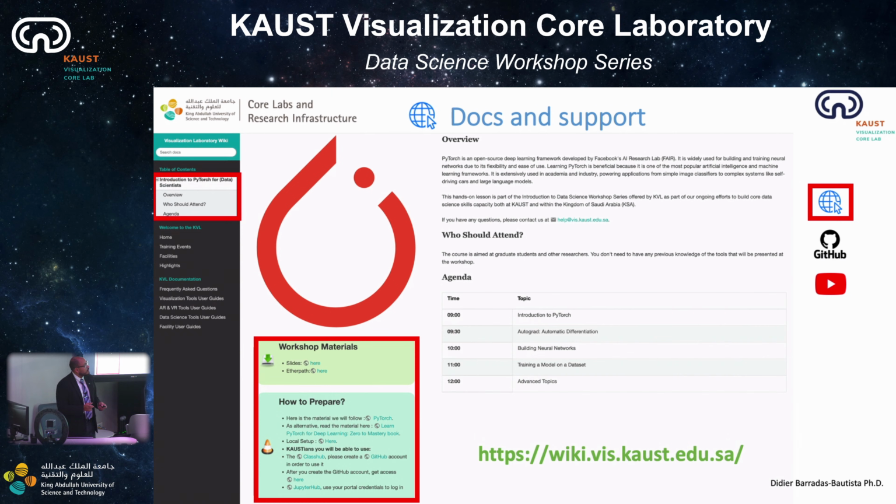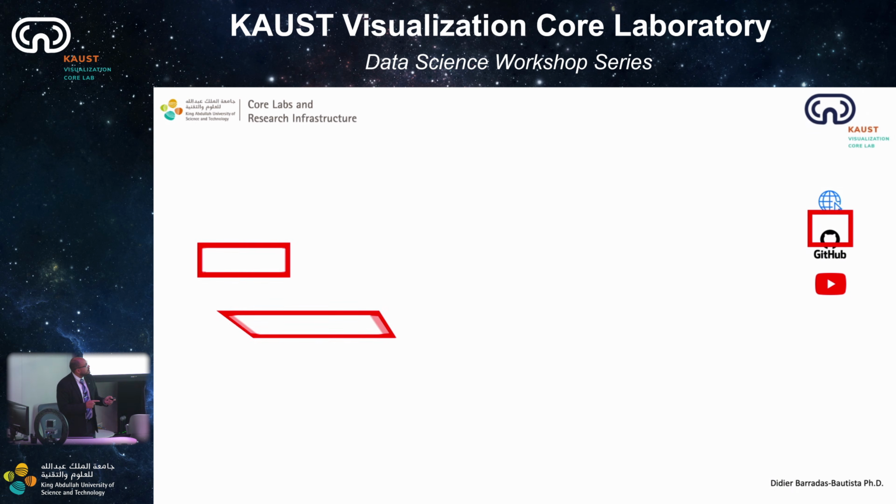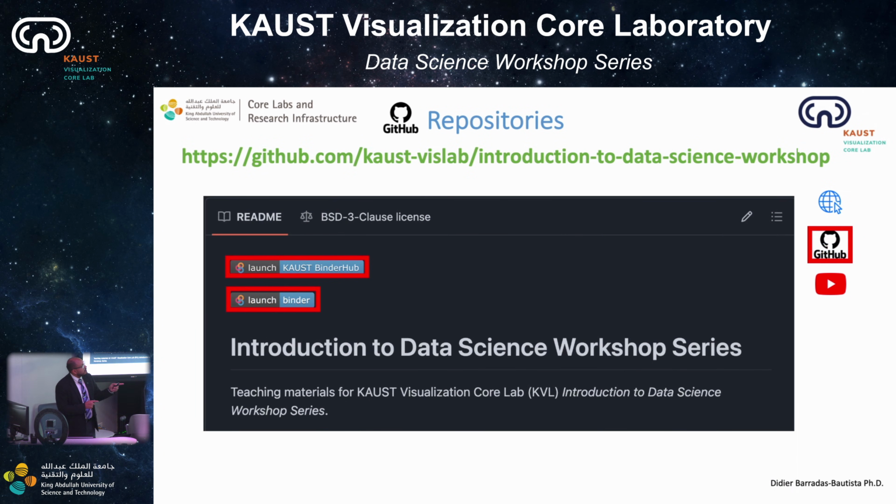If you don't find the link to that GitHub page, it's this GitHub page. Okay? In this GitHub page, you scroll down to the README part, and you will find a label called launch binder.